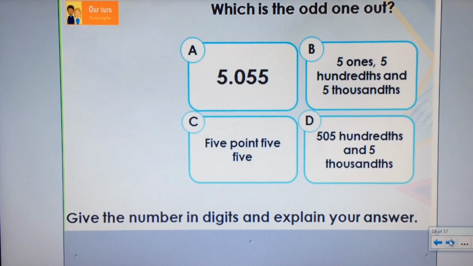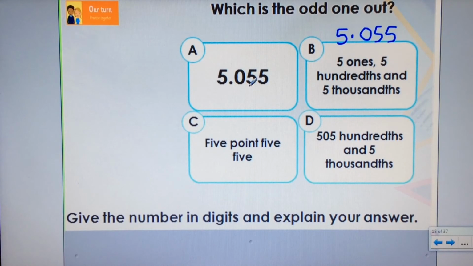Welcome back. Okay, so for this type of question, I would always recommend writing out each of the numbers in digit form so you can compare them easily. That one's already done. So let's have a look at this one. We have got 5 ones, decimal point, because we're working with decimals, no tenths, make sure we remember our place value, 5 hundredths, and 5 thousandths.